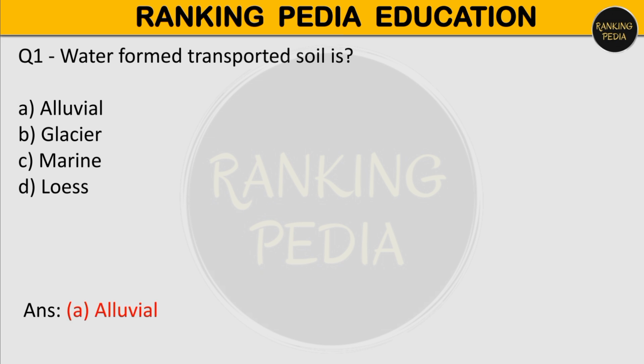Alluvial is a soil that is transported by water, whereas glacier soil is transported by glacier, that is drift or till, and marine soil is transported by sea water. So the water formed transported soil is alluvial soil. Option A is correct.